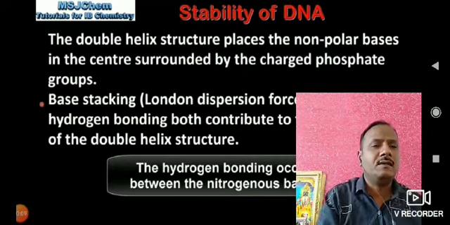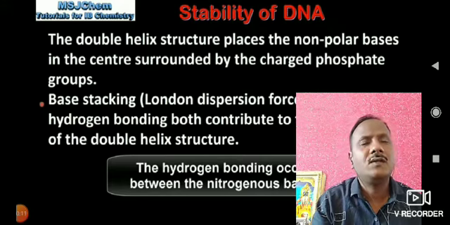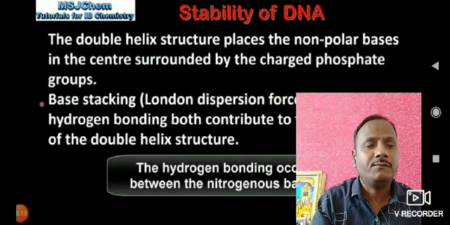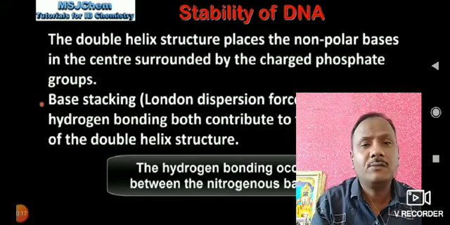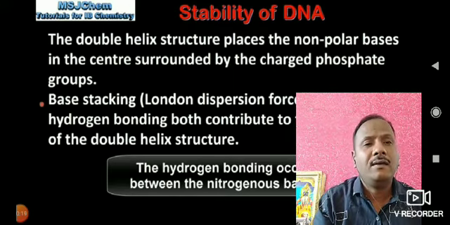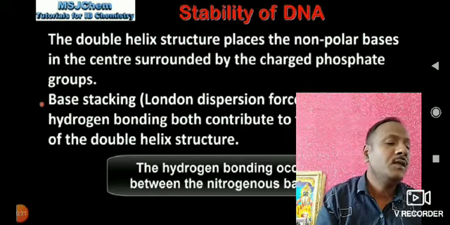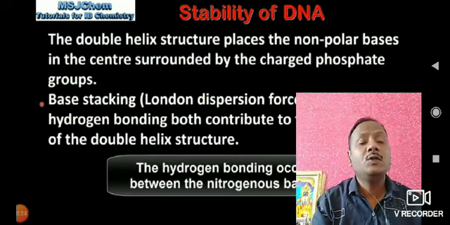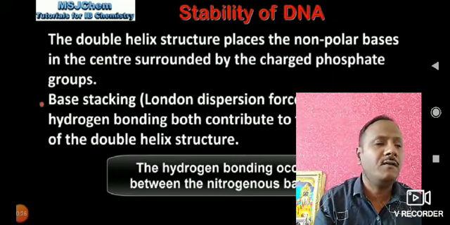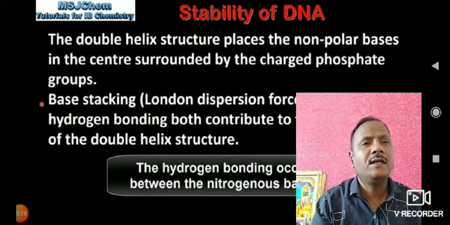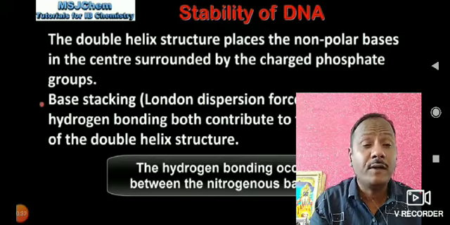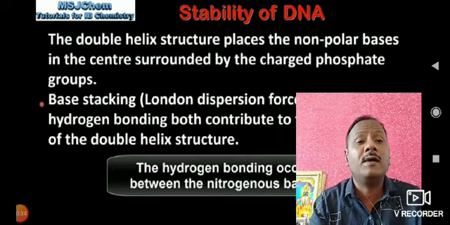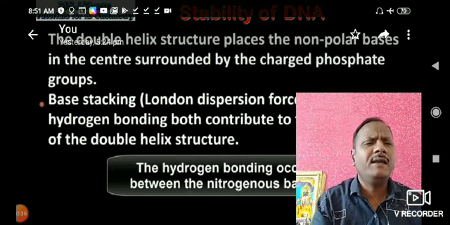So friends and my dear students, this is all about the chemical stability of DNA. DNA is more chemically stable than RNA, and that's why we can use DNA artificially for changes, and with the help of DNA we can produce hybrid varieties of any crop, plants, microorganisms, or any others.